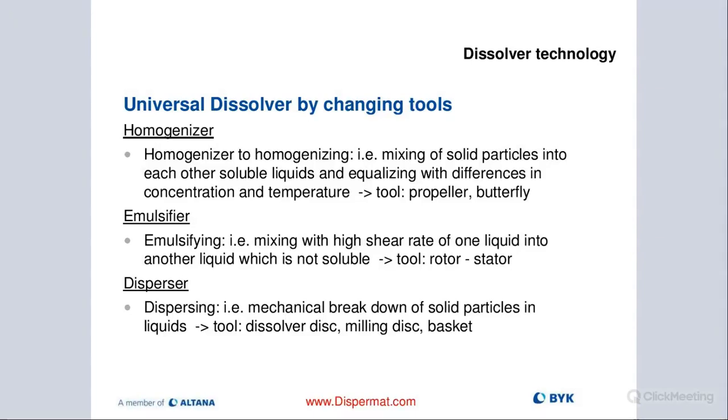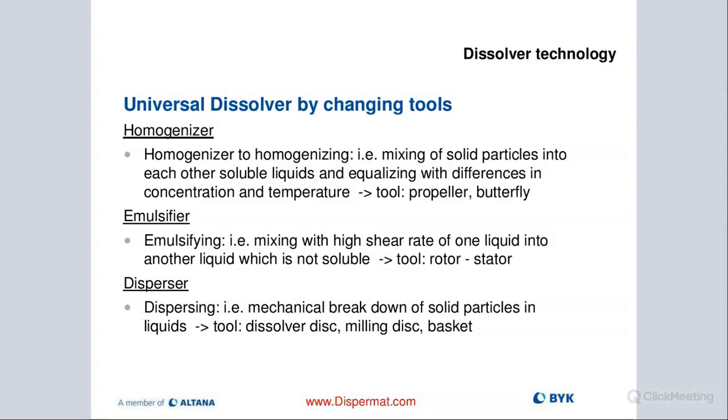Okay, then we have the Dispermat, which is the dissolver that does the pre-dispersing, but you can also use the same machine, which is the beauty of a Dispermat, to do other things. So you can use it to disperse. You can use it to mill by attaching a basket mill on the same unit, and I'll show you that.